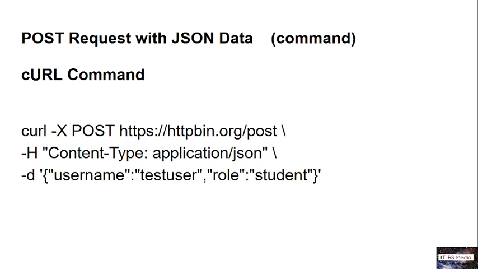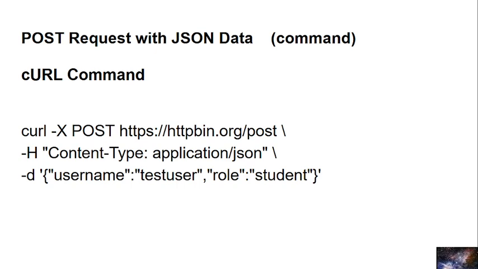POST is a request method that is used in sending data or sending requests to the server. When you want to retrieve, you use GET. When you want to send data to the server, you use POST.